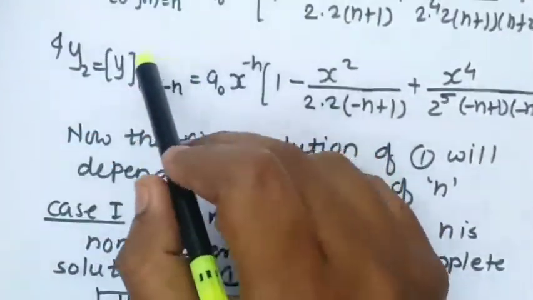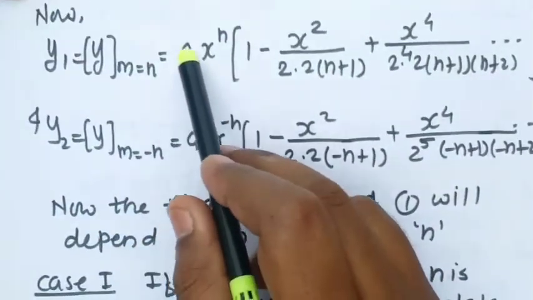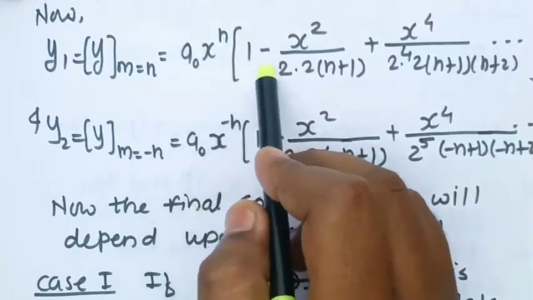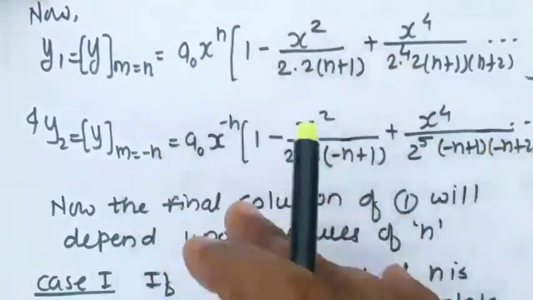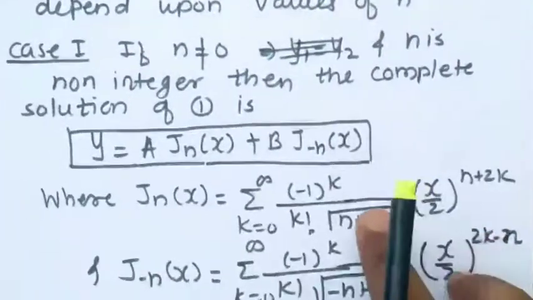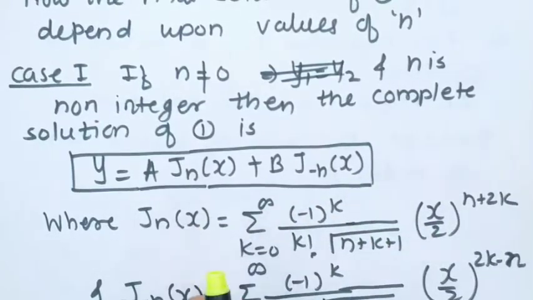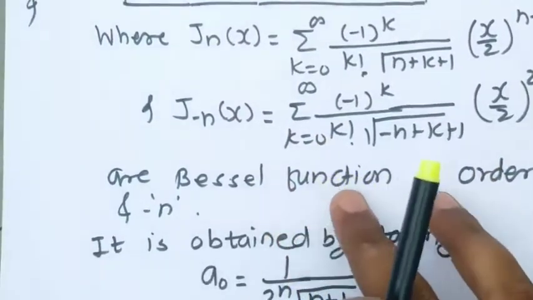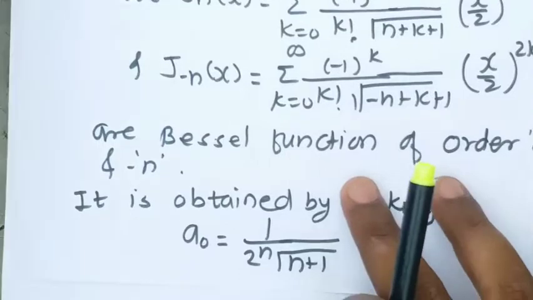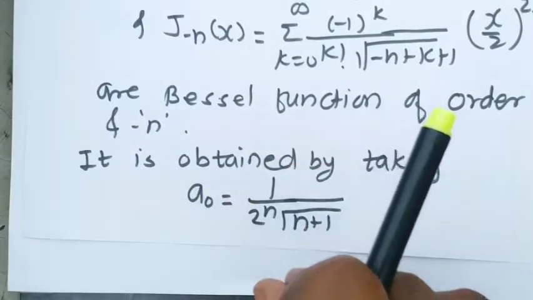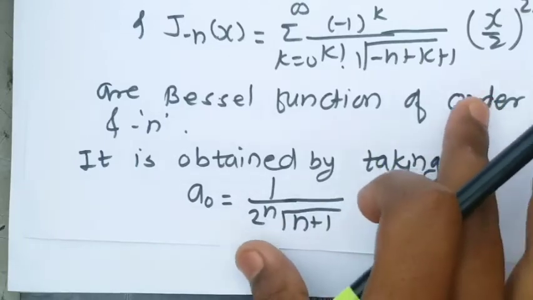So in this solution, if you replace a0 by 1 by 2 raised to n into gamma n plus 1, and multiply it inside, your series will finally take this form, and this series we call jnx, that is the Bessel function of order n. So it is obtained when we select one particular value of arbitrary constant a0, which is 1 by 2 raised to n into gamma n plus 1.